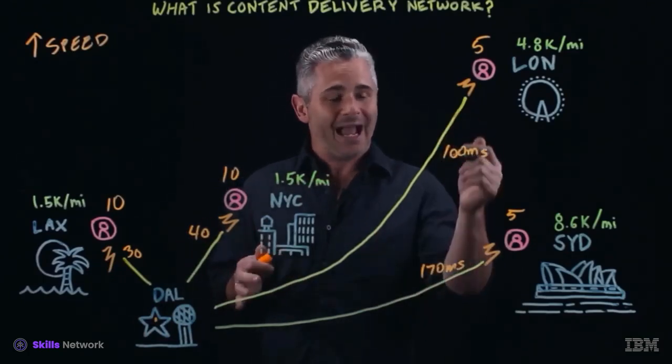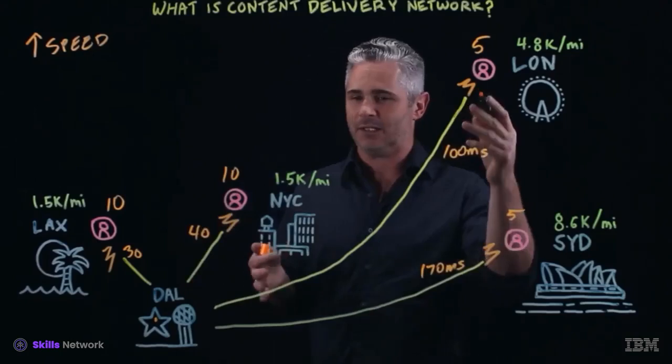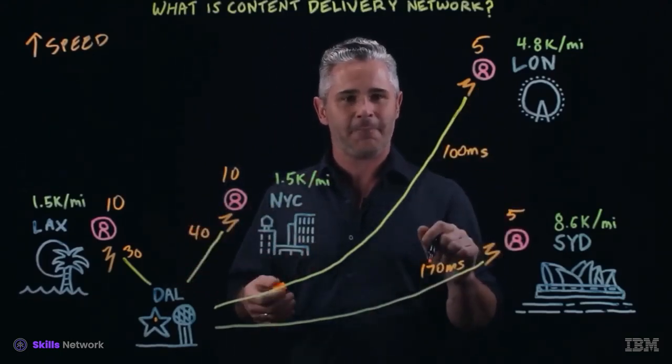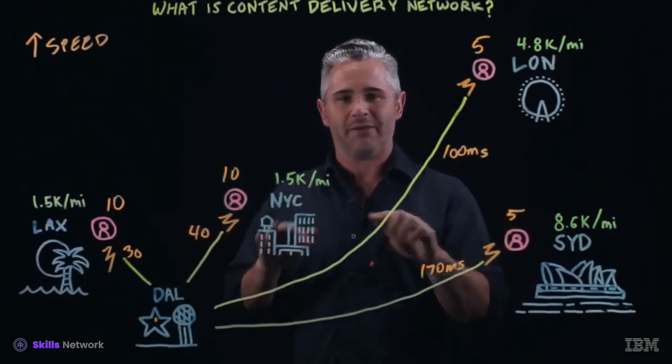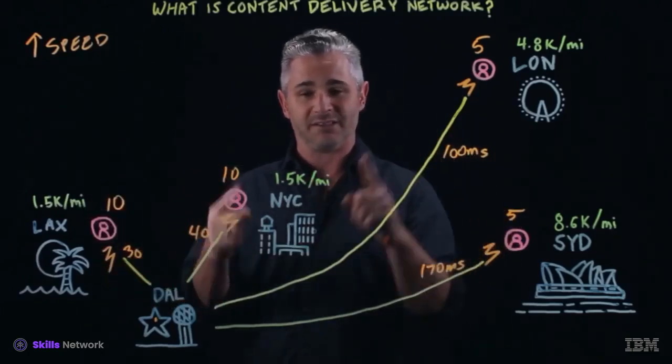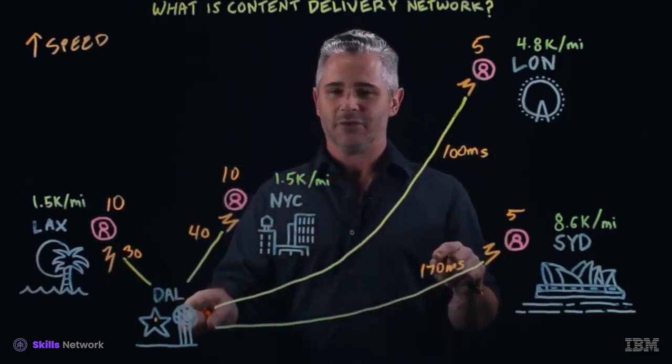So now when the user in Sydney or London or New York City or LA tries to access some content, it's first retrieved by the content delivery network service and then distributed around the world. So we have a single request down to the Dallas server.